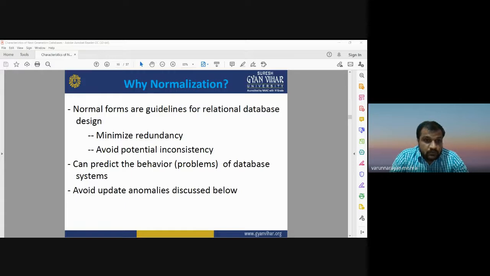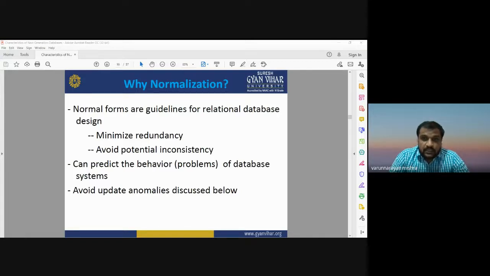So these two facts are very important, and they are the reason we use the normalization process. The normalization process can predict the behavior of the database systems. It can also be used to avoid the anomalies during the updating of the database.